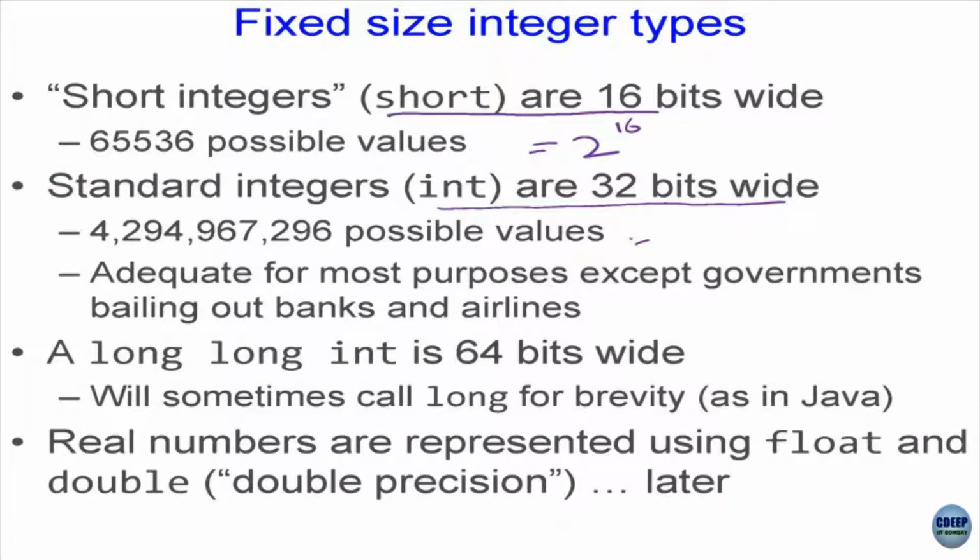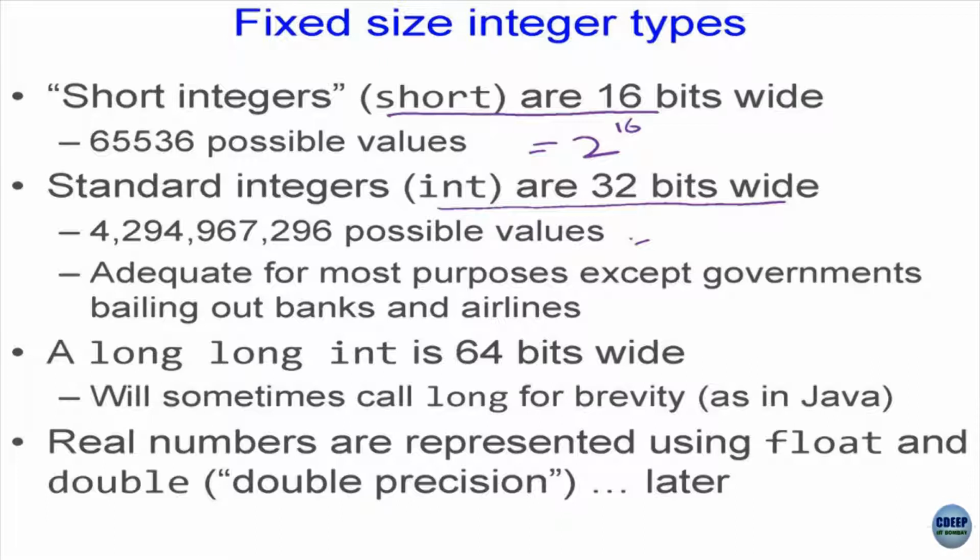Now you could also have integer types. The previous was char, you could have integer types. For example, you could have short ints, short integers, which are 16 bits wide, and therefore they can store 2 raised to 16 values, which corresponds to around 65,500.